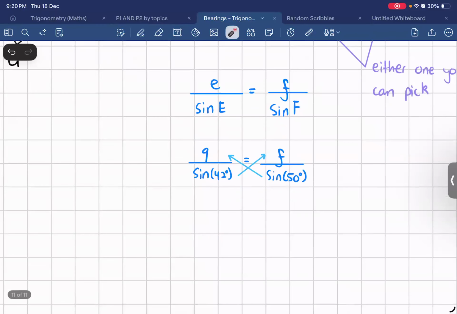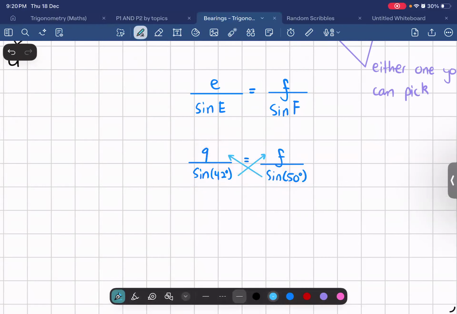Do you think we should multiply this diagonal first or this diagonal first? We should multiply f and sine 42 first, because we'll end up with f on the left-hand side. Great. So f sine 42 will be equal to what? 9 sine 50.